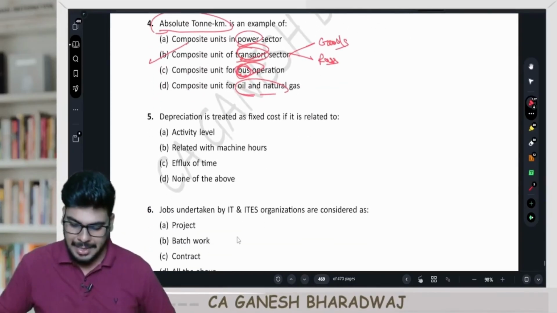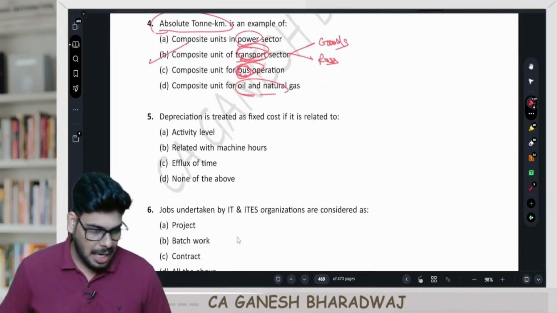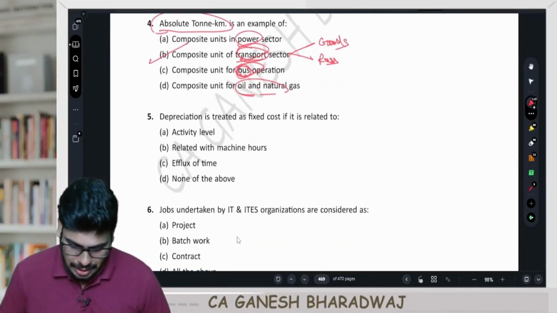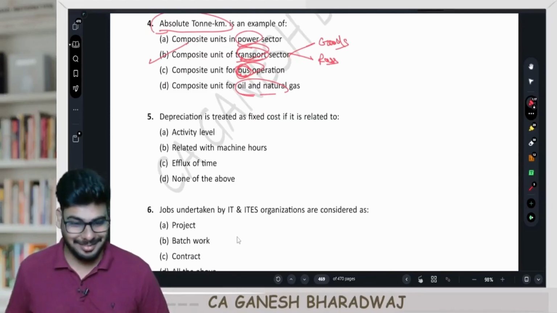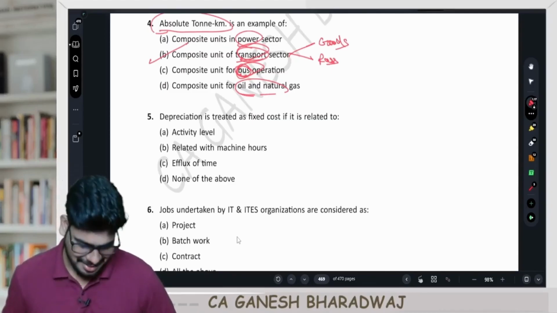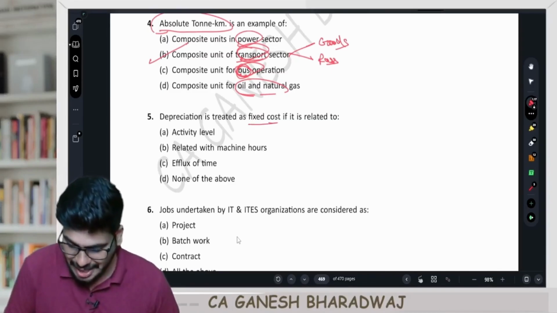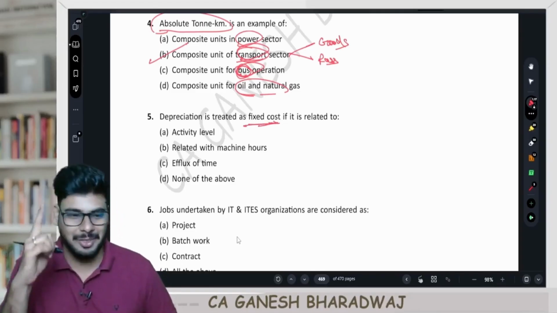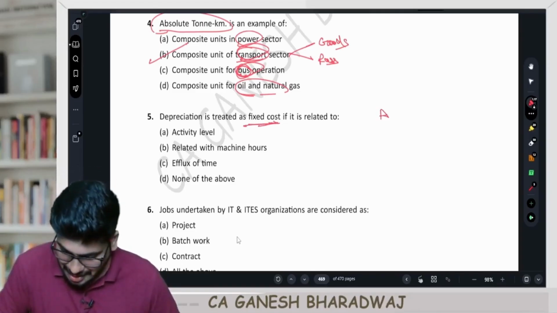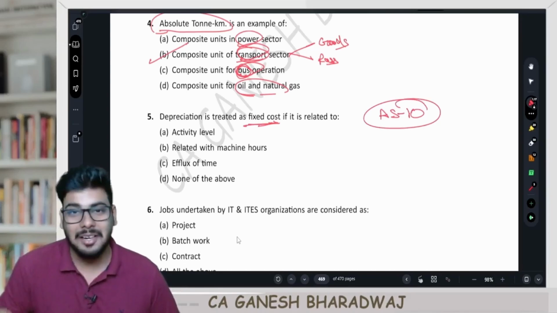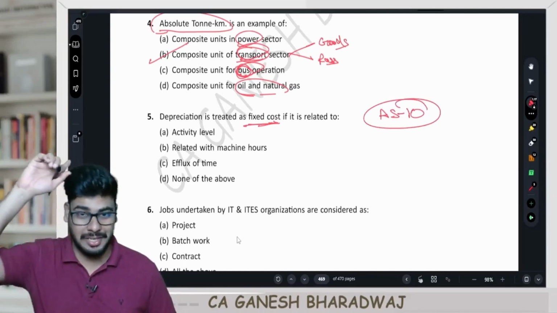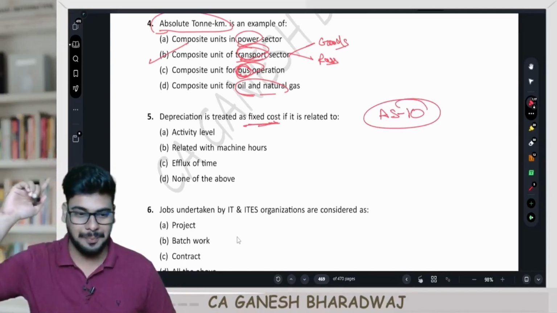Next, depreciation is treated as a fixed cost if it is related to... depreciation is treated as a fixed cost. I told you guys, no? You remember? AS 10, accounting standard, not cost accounting standard, accounting standard 10, property, plant and equipment, right?